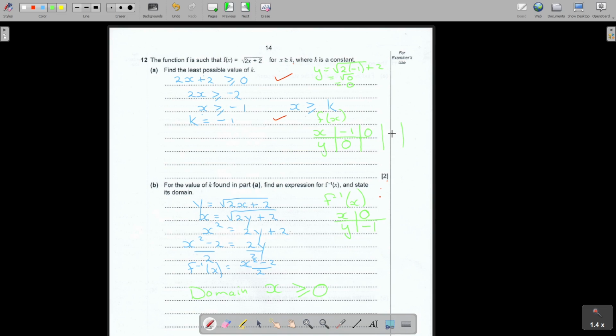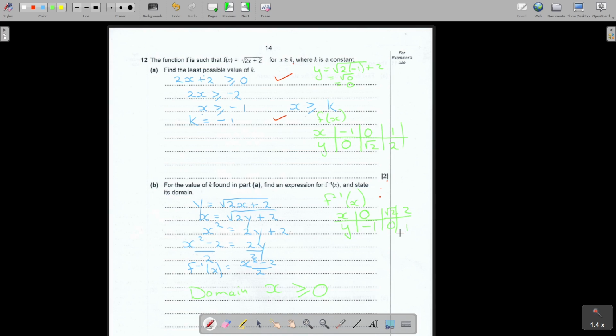So if this is 0, let's just go for 1. If I put 0 there, I'm going to have square root 2. And if I put 1, you agree, it's 2 plus 2, and the square root is going to be 2. Now, remember that these just swap around. So this is going to be square root 2 and 0, and 2 and 1.